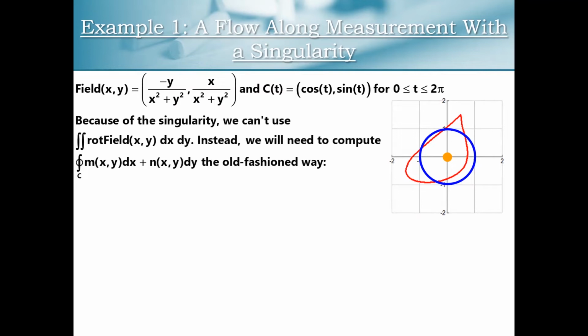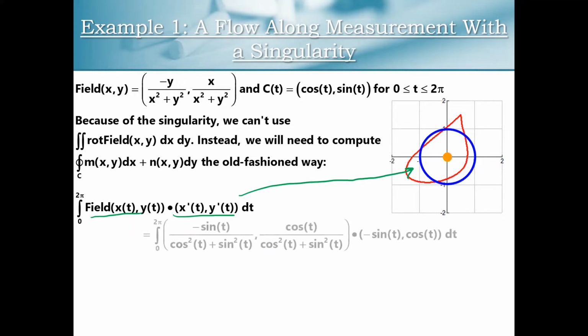All right, so let's compute this the old-fashioned way. Again, can't use a double integral, but I certainly can do the integral of field dot tangent for this unit circle here that I've placed centered at the origin. So I am using the curve cosine comma sine, and so you'll notice that every instance of x and y gets replaced with cosine and sine, and then I've got my tangent vector as well.